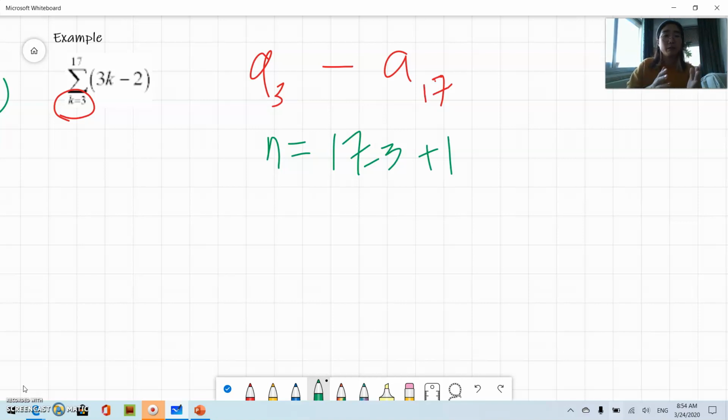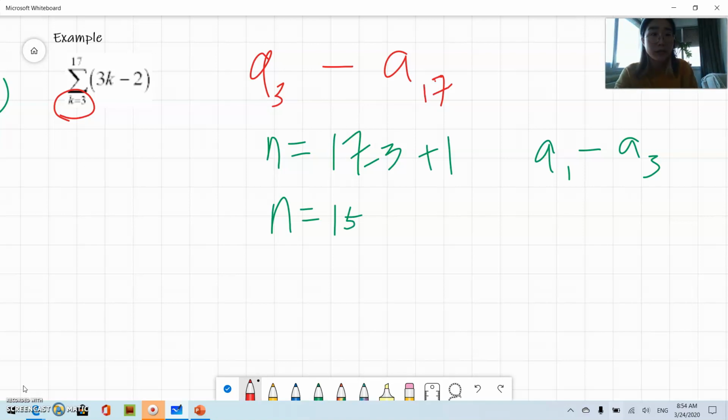If you don't believe me, think about it. If I have A1 through A3, you count 1, 2, 3, right? But to find the number, it's 3 minus 1 plus 1. So think about that and then apply it to the bigger number. So my n here is 15, okay?